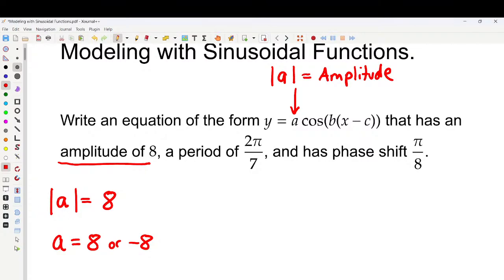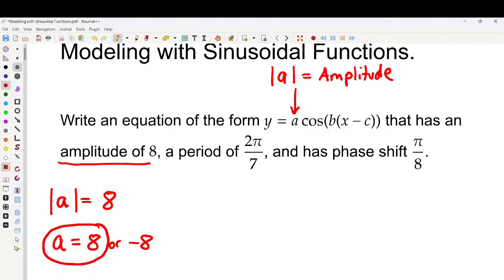So either one, choose. Me personally, I like positive 8 when possible. But you'll see in a future example, we won't have a choice, all right? But right now, just want to recognize that we could put either 8 or negative 8 as that multiplier, and both would be an acceptable answer.